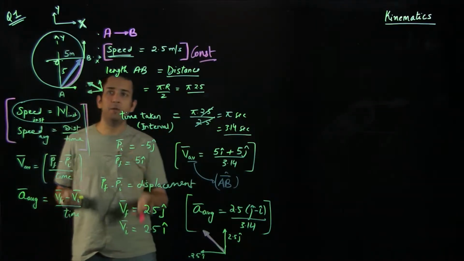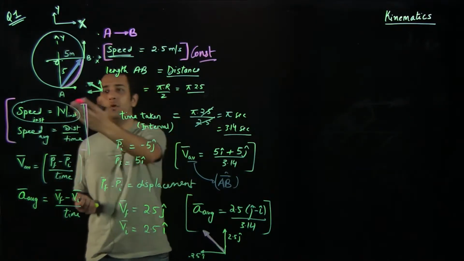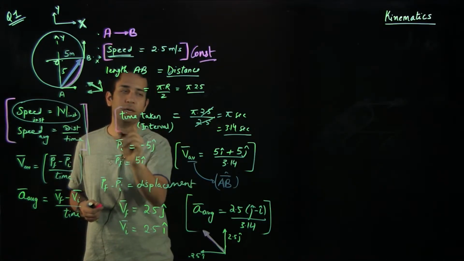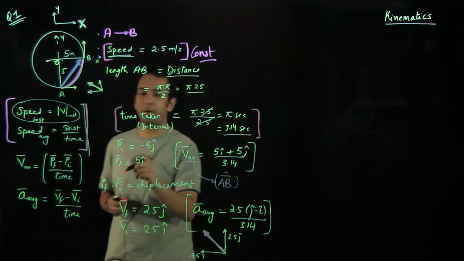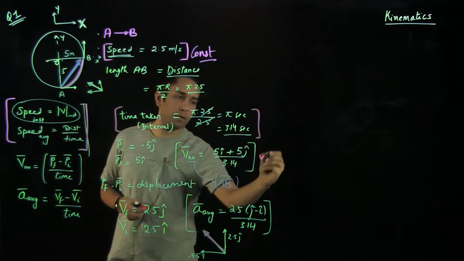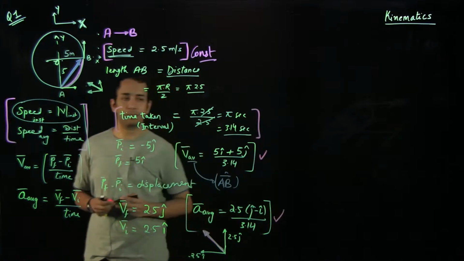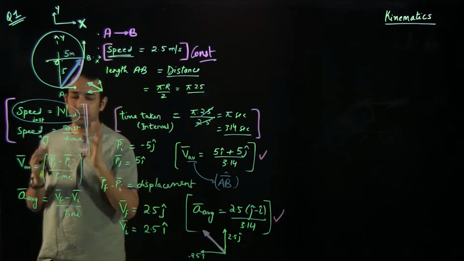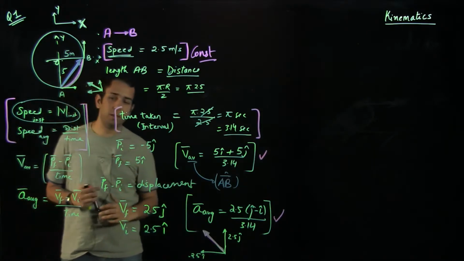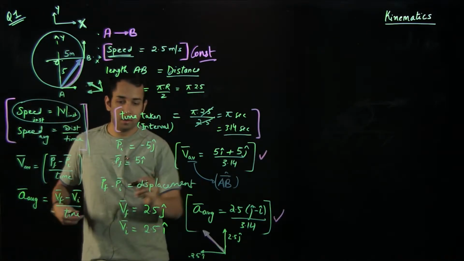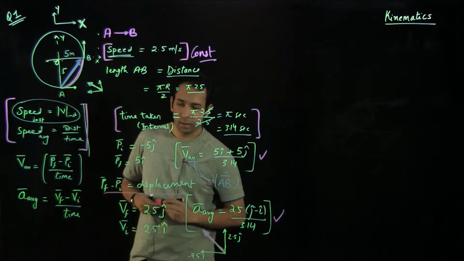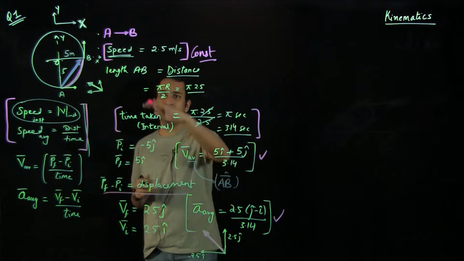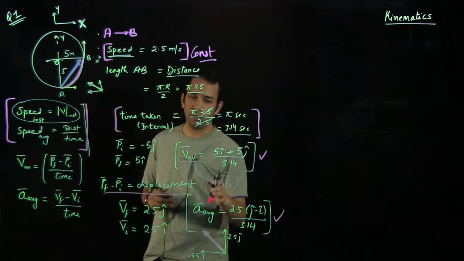to calculate the time taken by the particle to go from A to B, and once we calculated the time, we used this time interval in the calculation of the average velocity as well as the average acceleration. For average velocity, we used the simple formula of the final position minus initial position, that is the displacement vector, and then we used the time which we calculated earlier to find the average velocity.